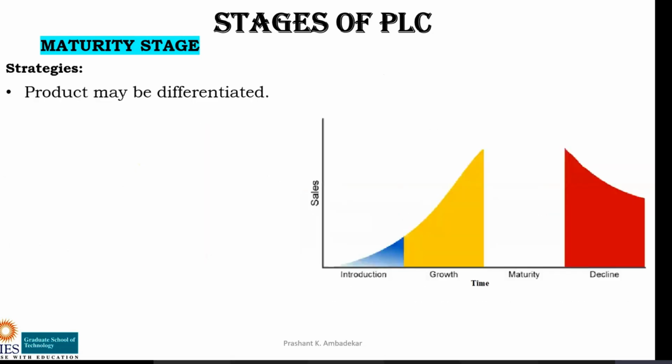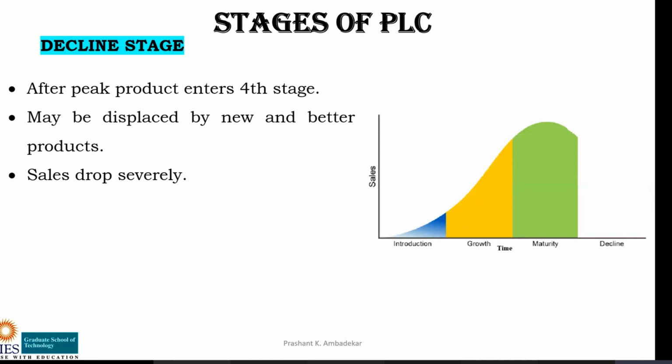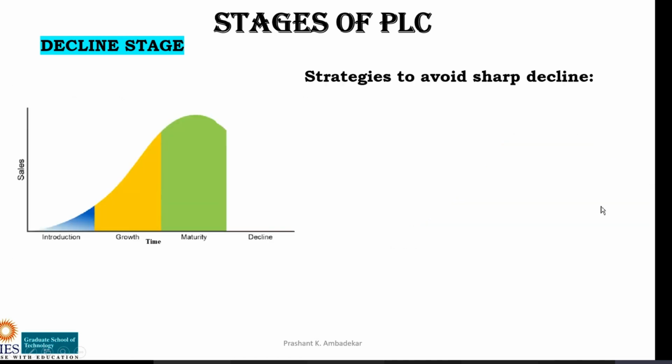And then there is a last stage. And what is the last stage? The last stage is the decline stage. So in the decline stage, what happens? The sales of the product drops quickly and customers don't purchase the product, and they search for some different option. And what can be done in this? There are options.